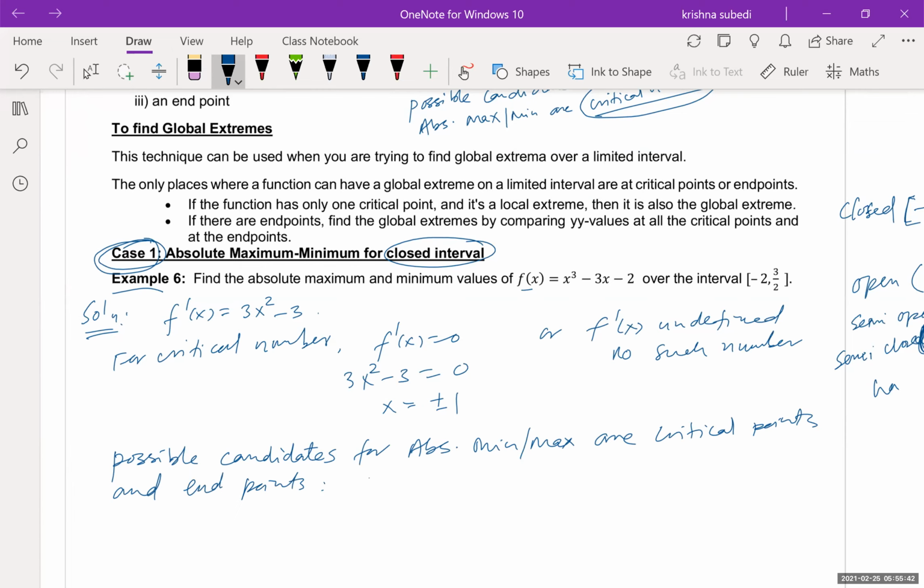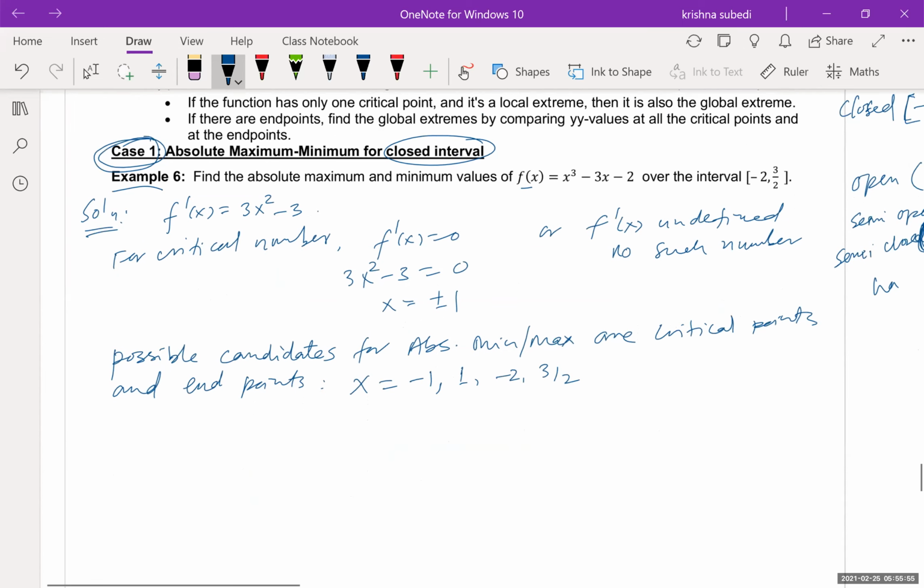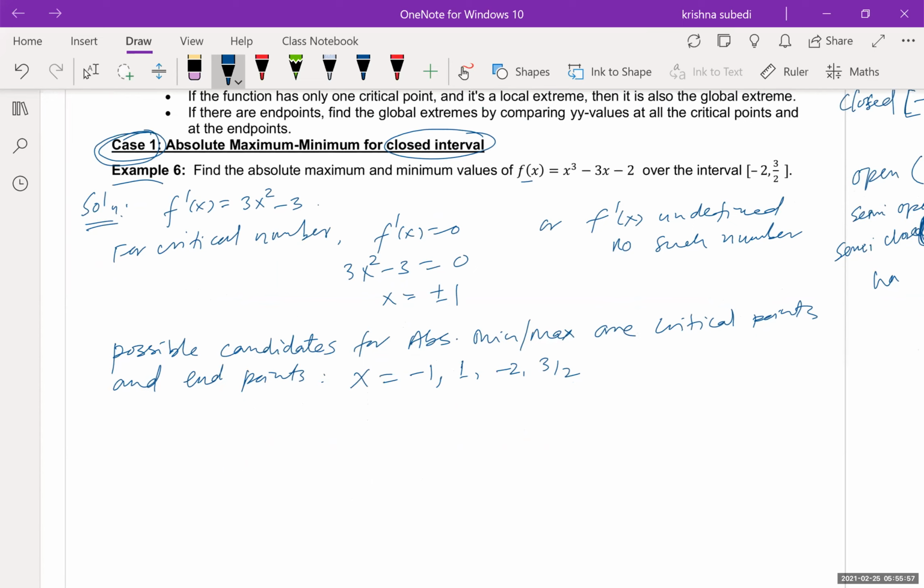So that means, let me just write those down. -1 and +1 are the critical numbers, and the endpoints are -2 and 3/2. So all we need to do is test those points in the function.